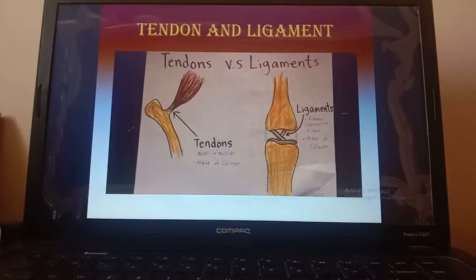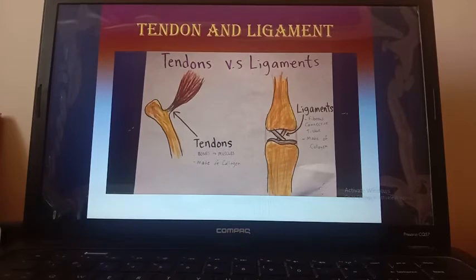So tendon is a fibrous connective tissue. These both are fibrous connective tissue. Tendon is made up of white fibrous tissue. It has great strength and limited flexibility.